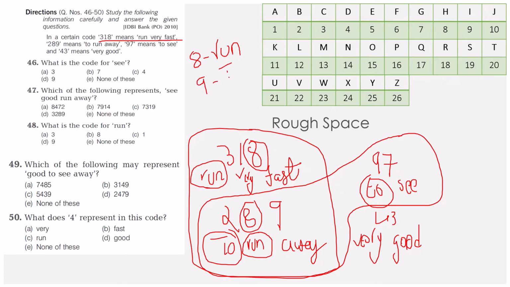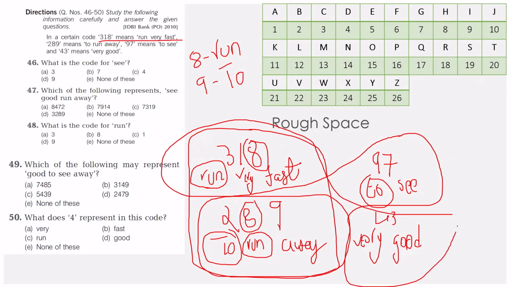And if you take a comparison between 43 and 318, you'll get very good. 3 and 3 is common, right? And very is common over here. So 3 is for very.